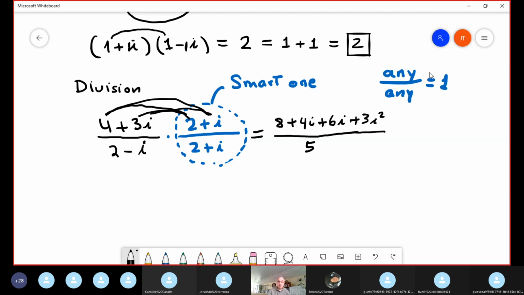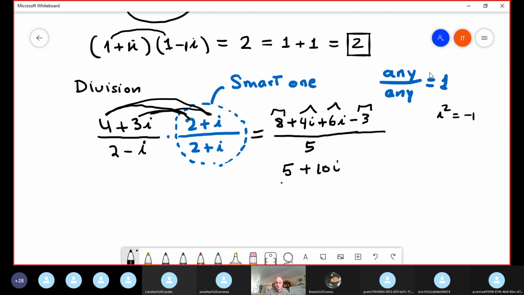I never leave it like that, i squared. My recommendation, in my brain at least, I know i squared is negative 1. So immediately I replace it. I never write it like that. I erase mentally this i squared. Of course, this now is not positive, it's negative, and that's it. Okay, ready to combine. Real: 8 minus 3, 5. Imaginary, 10i. Divided by 5.